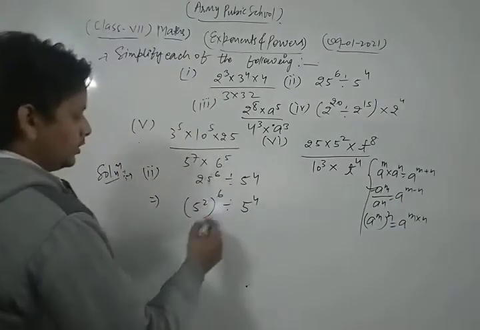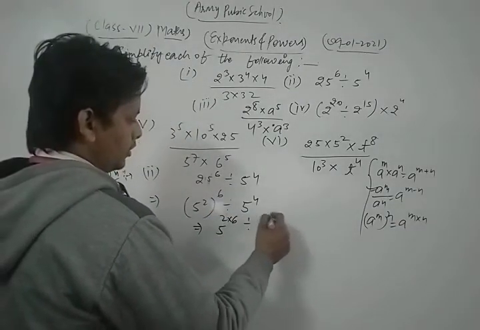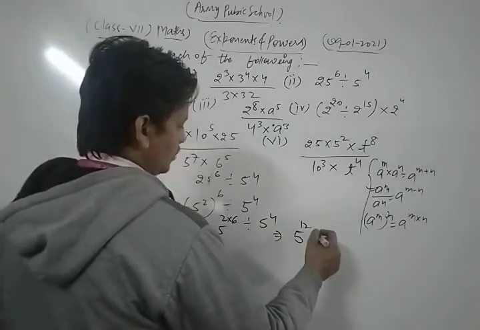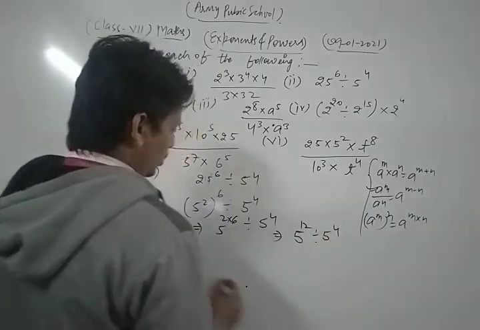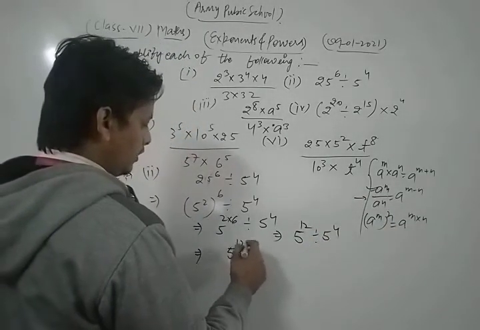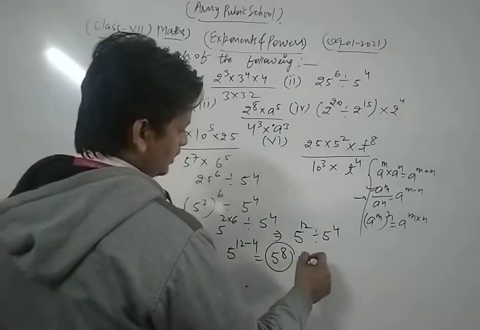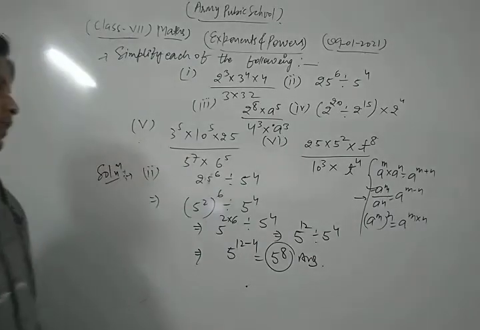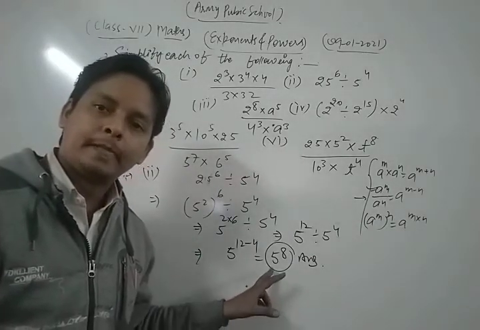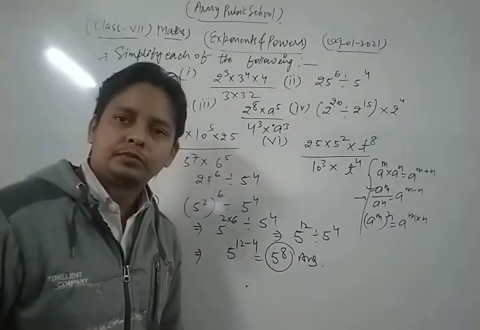Here we apply that concept, so we get 5 power 2 into 6 divided by 5 power 4, that is 5 power 12 divided by 5 power 4. Now we apply the other law, so we get 5 power 12 minus 4, that is 5 power 8. This is the required solution of the given question.